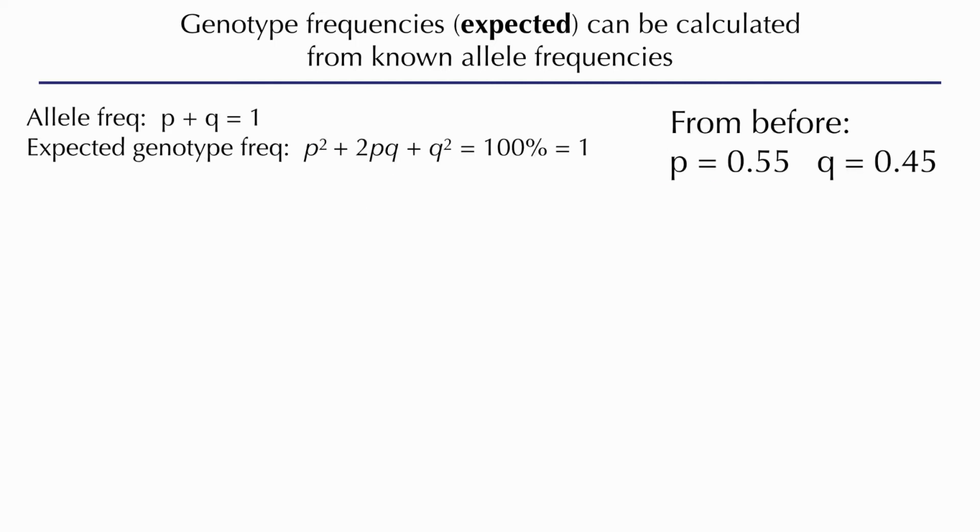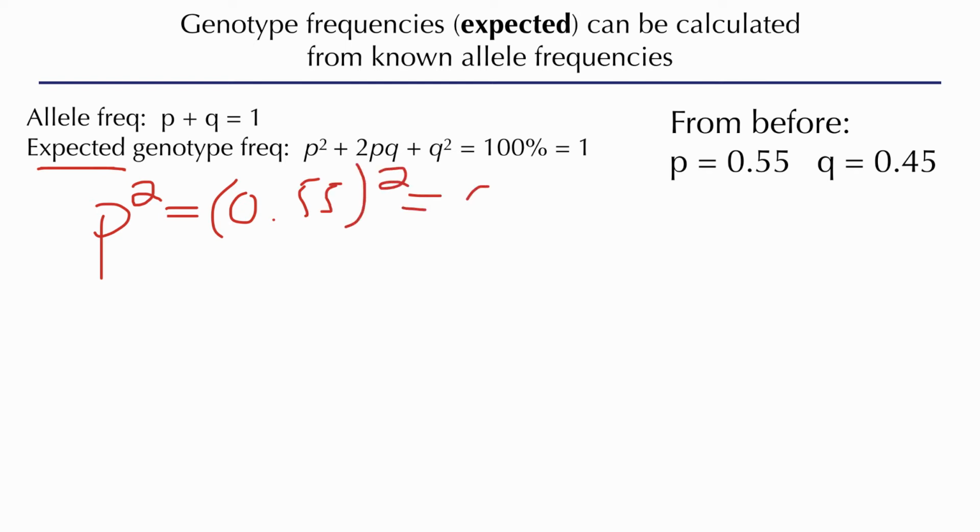So now we have the allele frequencies from before. Now we need to see the expected genotype frequency based off of the allele frequencies. So p squared is going to be 0.55 squared, and that equals 0.3025.